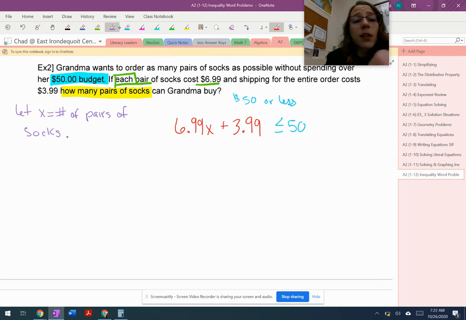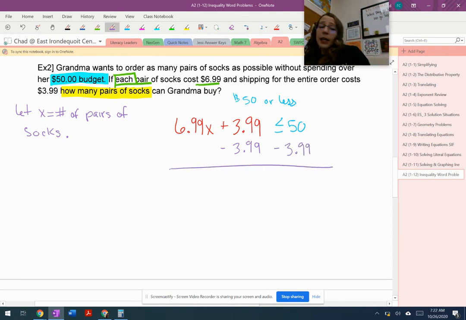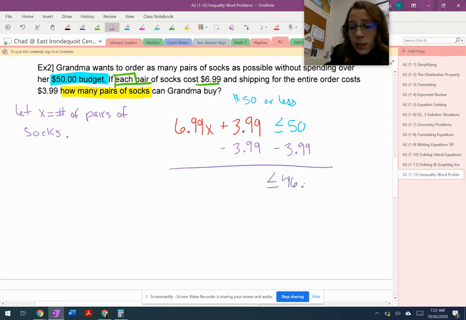So let's go ahead and solve this by subtracting $3.99 to both sides. And let's go ahead and math that. 50 minus $3.99 is going to be less than or equal to 46.01, and our $6.99x carries down.